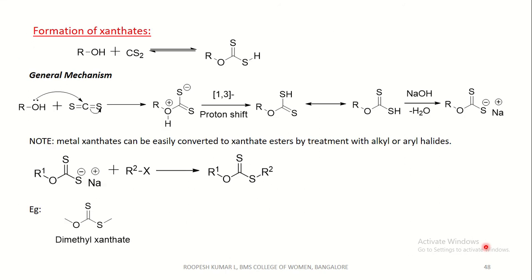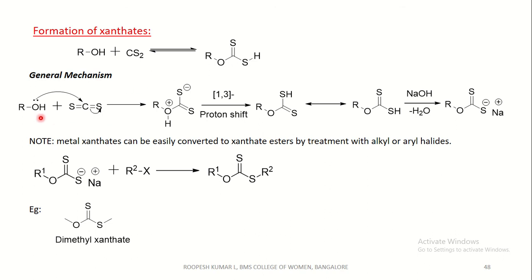Formation of xanthates. Xanthates are formed from the reaction of an alcohol with carbon disulfide. We get a xanthic acid.